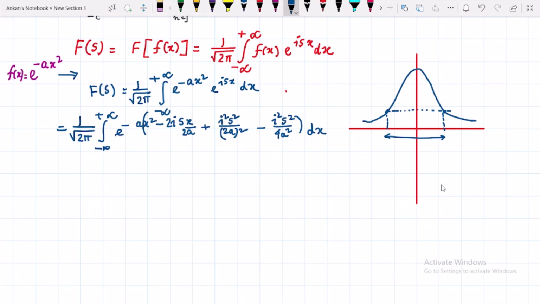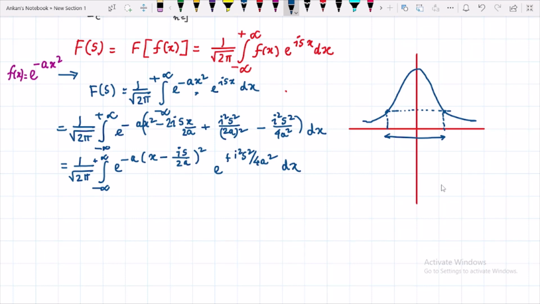So the exponent part results in this. Now you can easily say that this forms a quadratic, and you can simply write a times x minus is divided by 2a, whole square. This and the other term you can separate out like this, 4a square, dx.